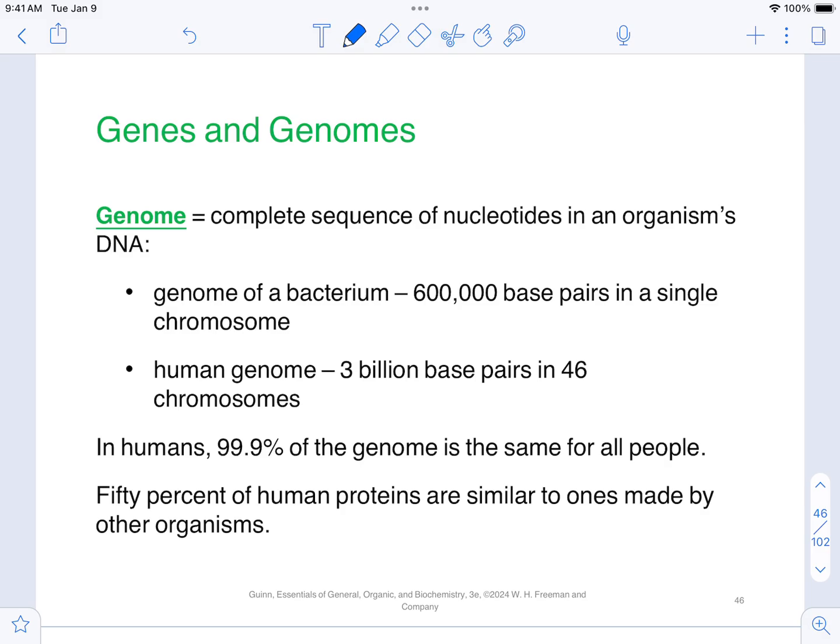Human genomes, we have 3 billion base pairs in 46 chromosomes. So we're talking about a lot of different base pairs here. In humans, 99.9% of the genome is the same for all people. And 50% of human proteins are similar to ones made by other organisms.